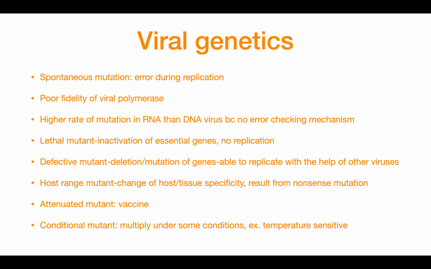So the viral genetics are going to be really driven by spontaneous mutation. So it can be a point mutation, frame shift mutation, whatever. And that's due to the poor fidelity of the viral polymerases.